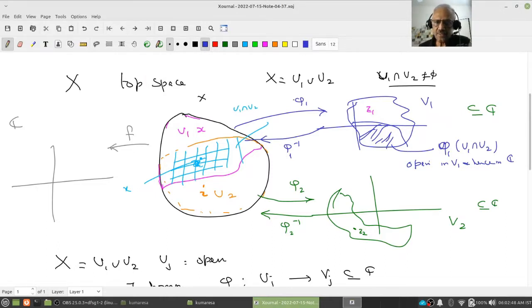Now a similar thing happens here. This one under phi 2 may be like this, this may be phi 2 of u1 intersection u2. Again, for the same reasons I explained, this will be open in v2 and in C.